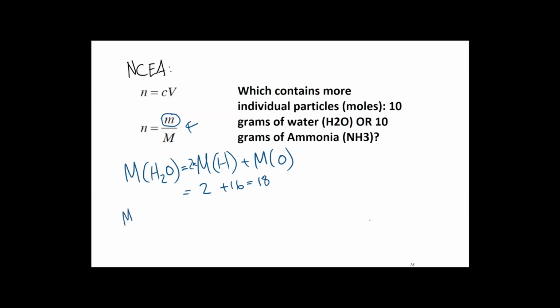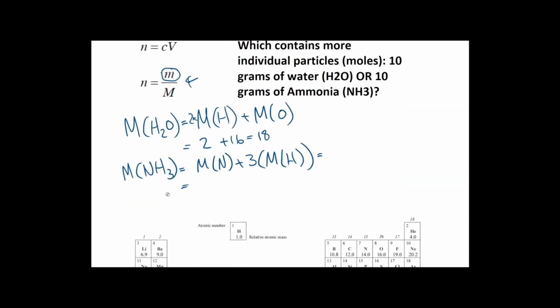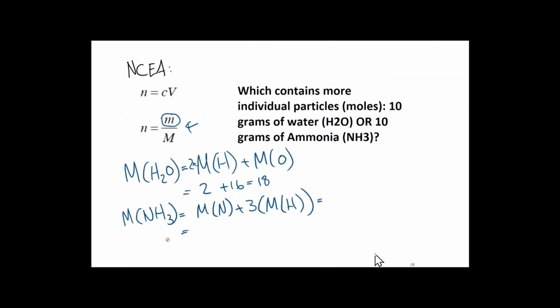Now we want to find the molar mass of ammonia. It is going to be the molar mass of nitrogen plus 3 times the molar mass of hydrogen. So the molar mass of nitrogen is going to be 14, plus 3 times 1 is 3, so that's 17.